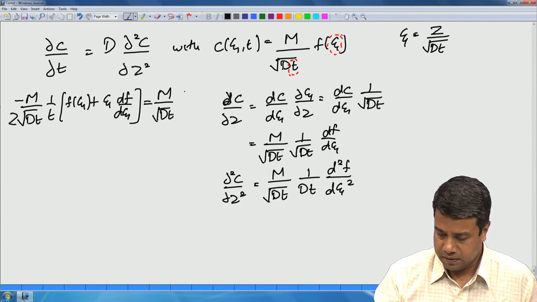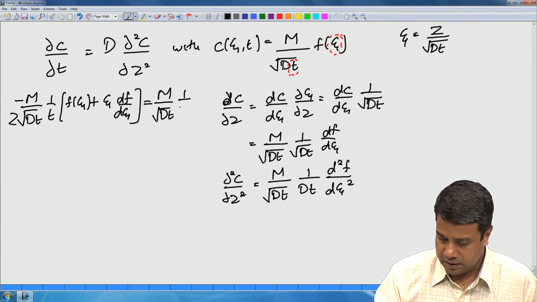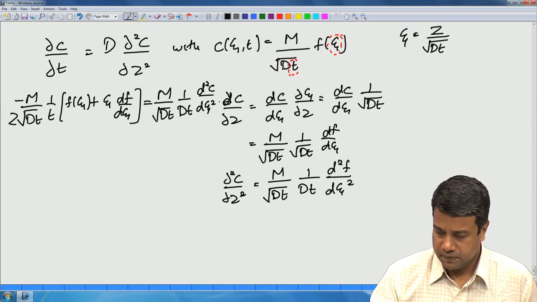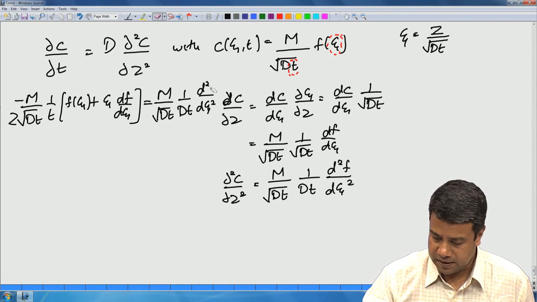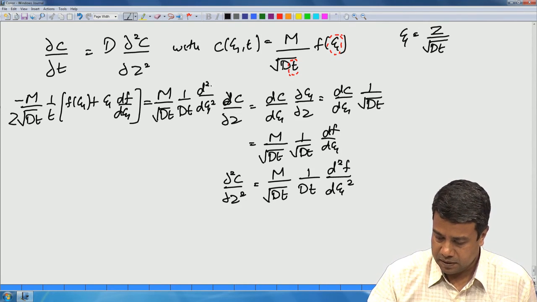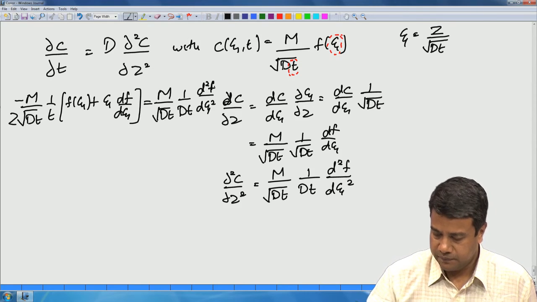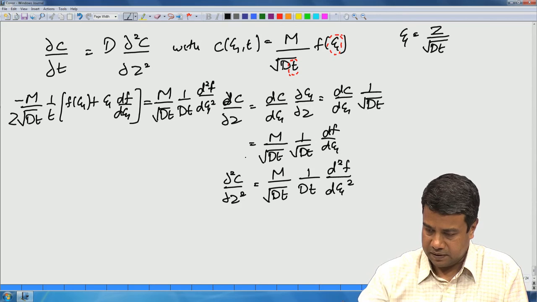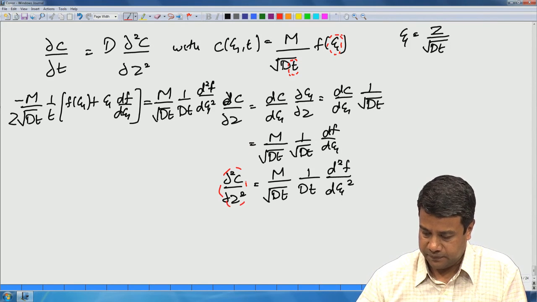My apologies, it should be f here, d square f by d psi square. So, that is the second derivative here.